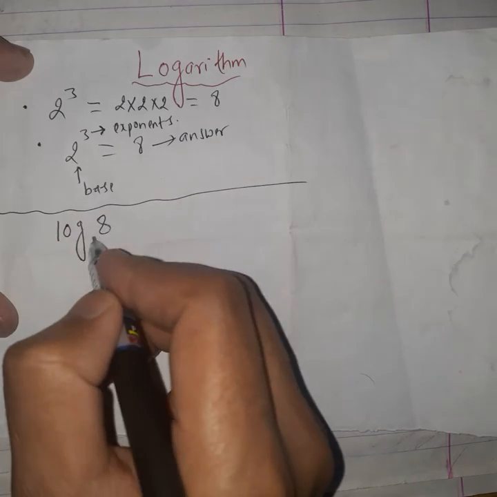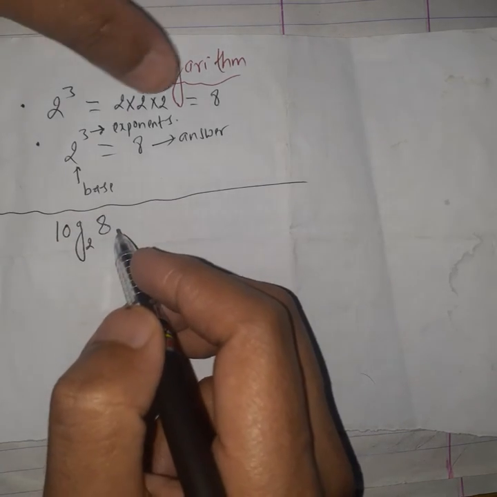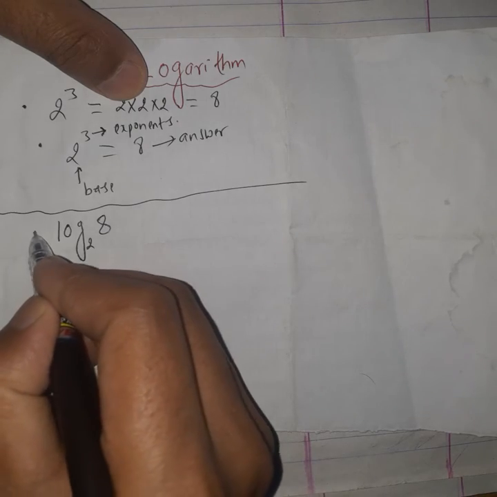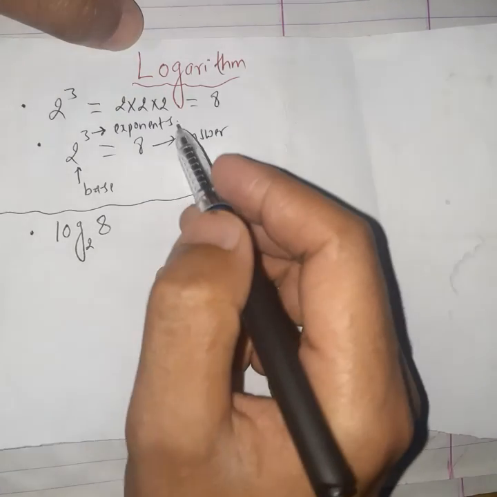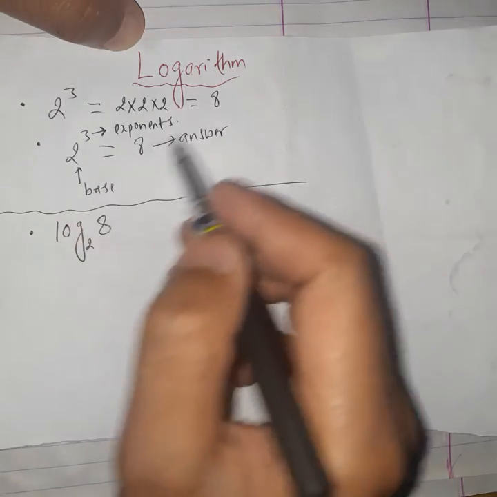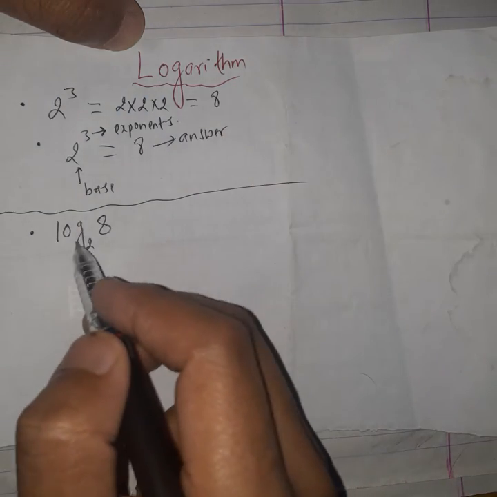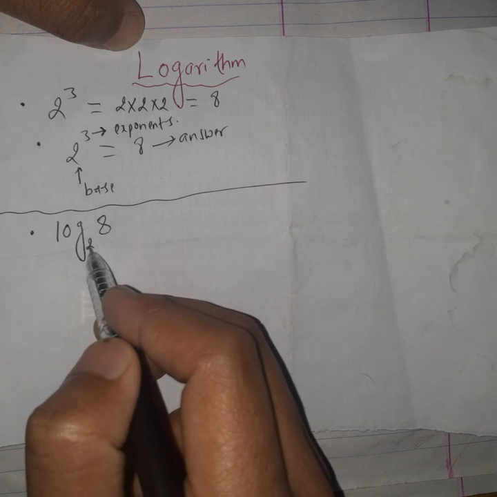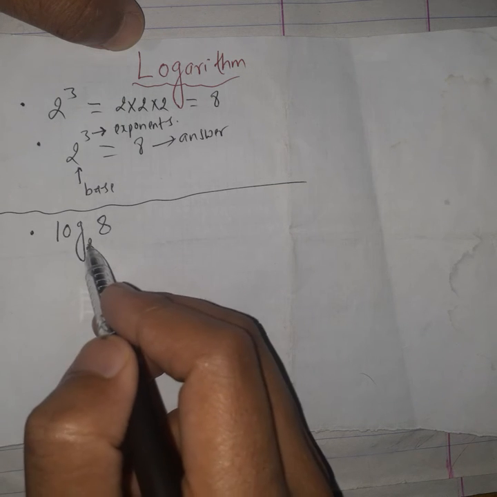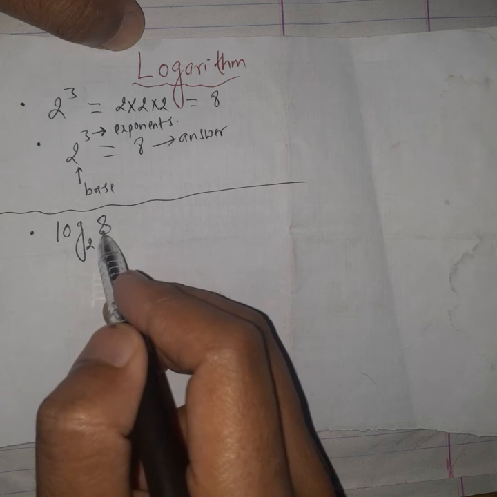Here the base is 2. We write the inverse of the exponent form in this notation. It is read as log to the base 2 of 8.